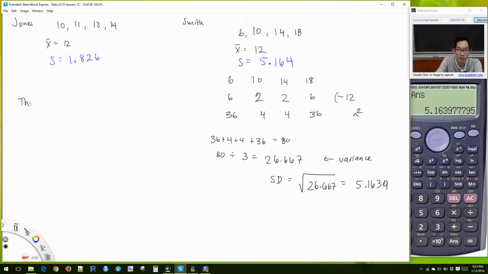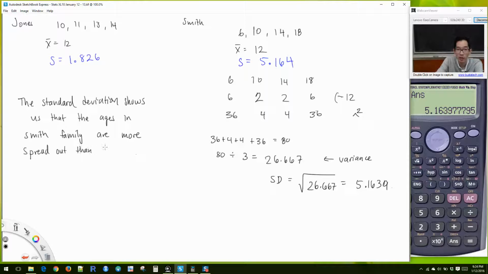The standard deviation shows us that the ages in the Smith family are more spread out than they are in the Jones family.